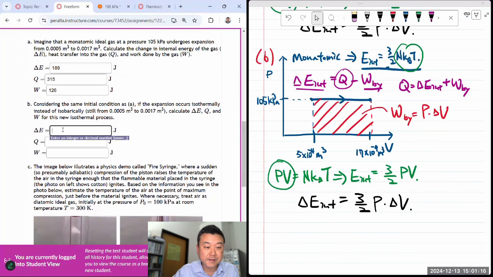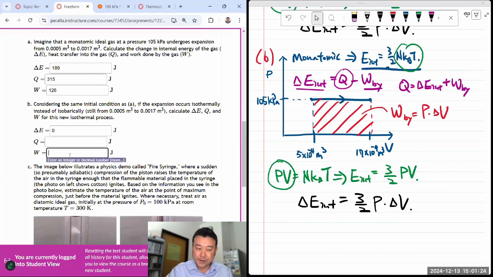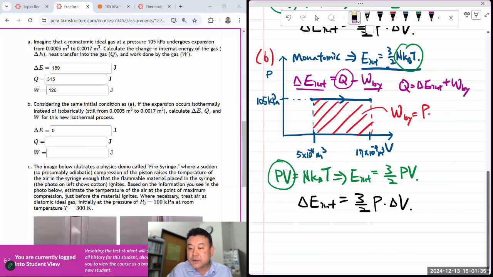That actually gives me an easy answer for change of internal energy, because no change in temperature means no change of internal energy. And whatever I calculate for work, that's going to be amount of heat. So let's work that out. I think I can still keep a lot of the stuff. I just have to draw a new process that shows isothermal expansion.